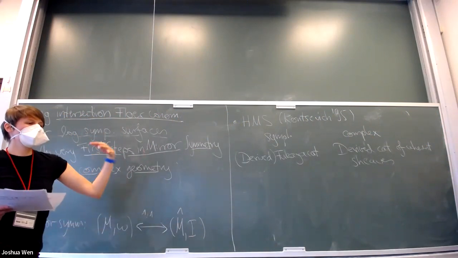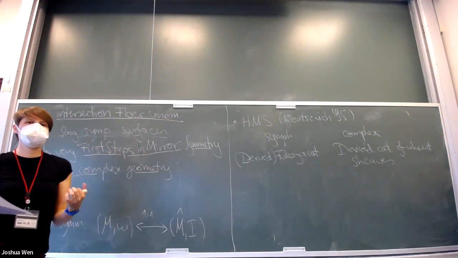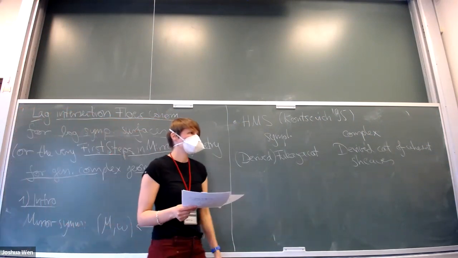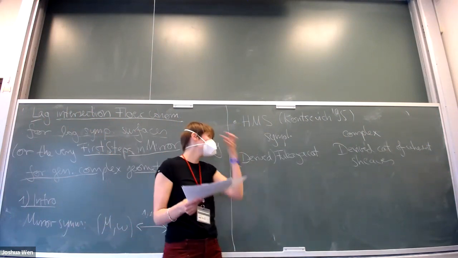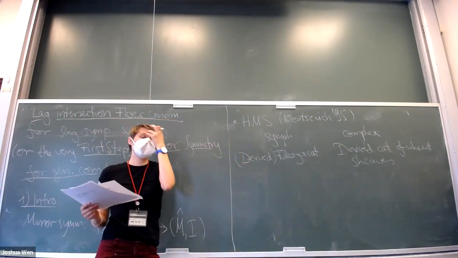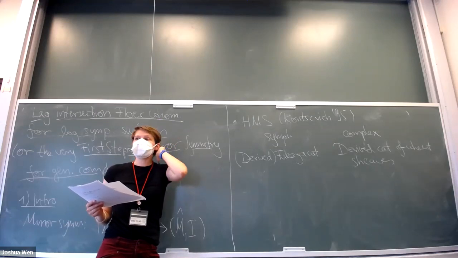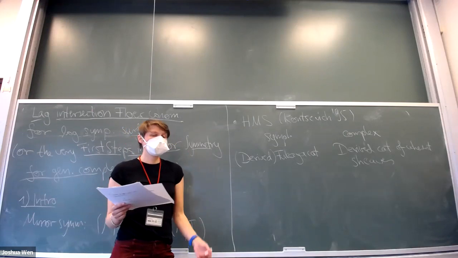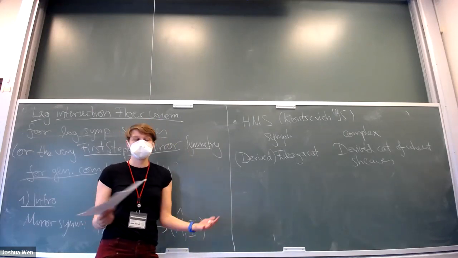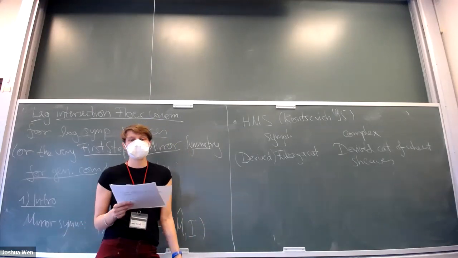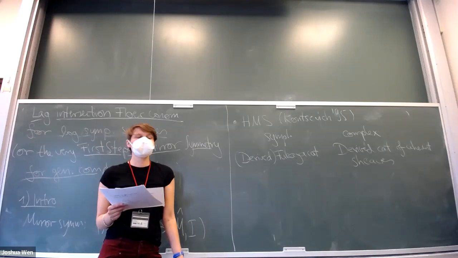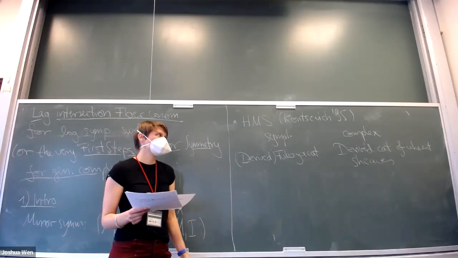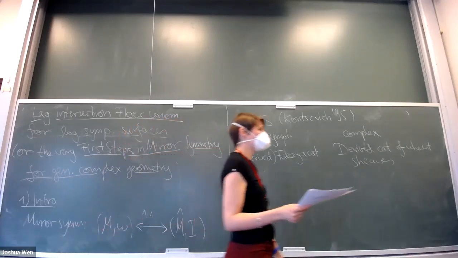Okay, so it turns out that when you do string theory, you can formulate consistent string theories not only for symplectic or complex backgrounds, but for more general geometric structures that are somehow hybrids of complex and symplectic. And this was already known for a while before the consistent mathematical description of these was given.